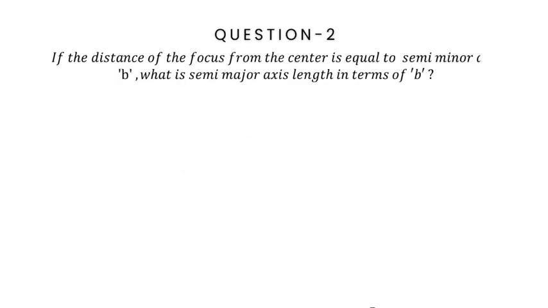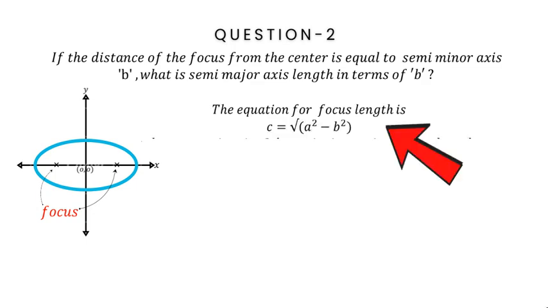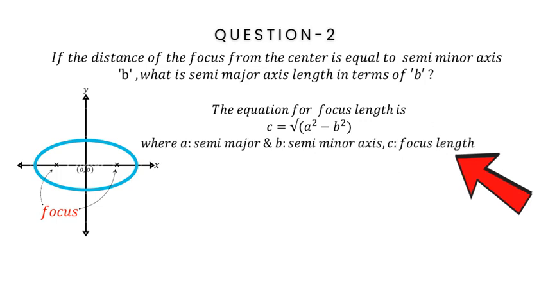The second question is, if the distance of the focus from the center is equal to the semi-minor axis B, what is the semi-major axis length in terms of B? The equation for focus length is C equals square root of A squared minus B squared, where A is the semi-major axis, B is the semi-minor axis, and C is the focus length.